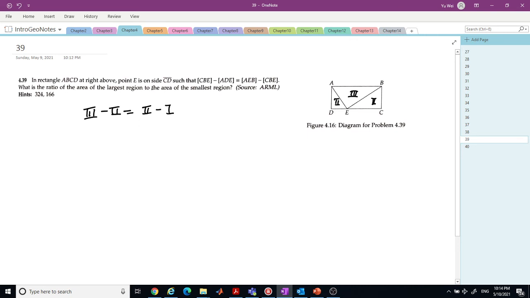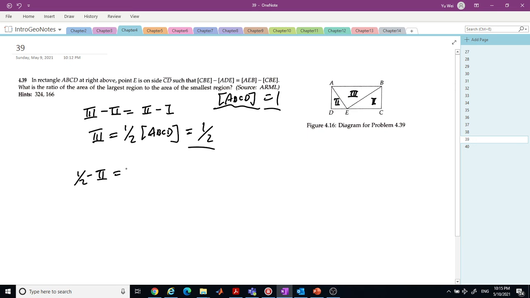What's the ratio of the area of the largest to the smallest region? Because region 3 is half of ABCD, let's assume ABCD is 1, so it's 1/2. Then we can see half minus region 2 is equal to region 2 minus region 1.